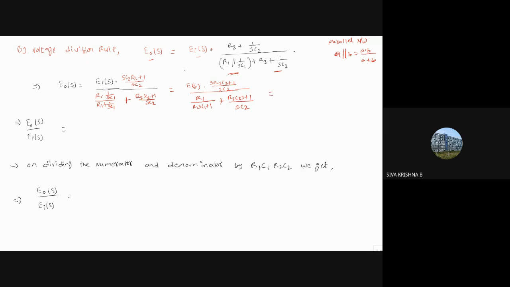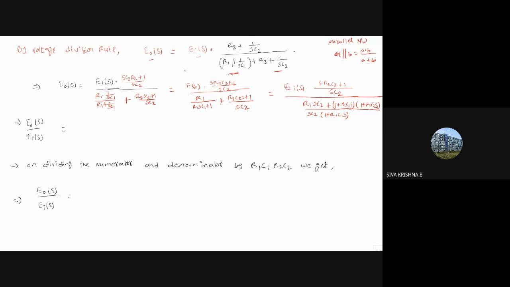Again, do the simplification here in the denominator. The denominator becomes 1 plus R1C1S, multiplied with the remaining terms, R1 SC2 plus 1 plus R1C1S into 1 plus R2C2S, whole divided by.